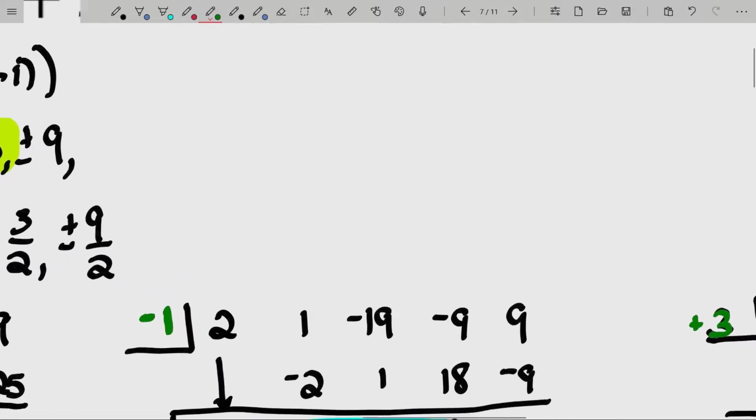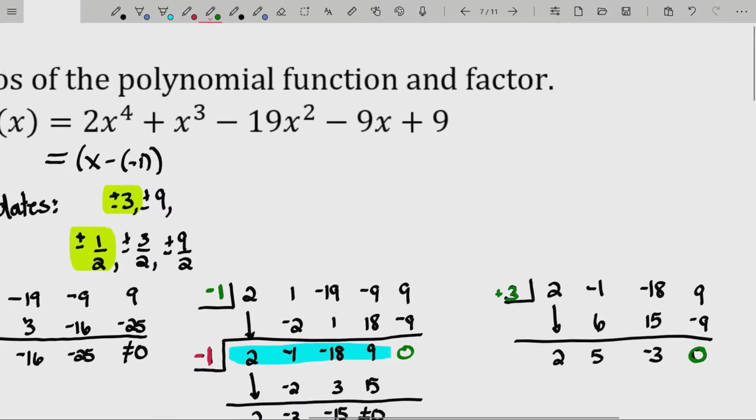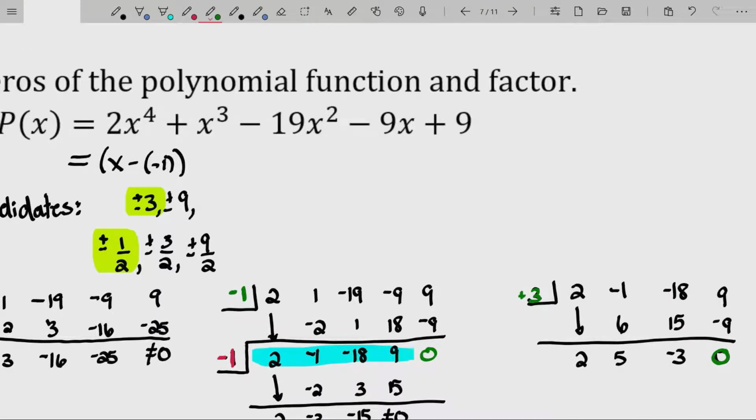into, again, let me just zoom out actually. We found that positive 3 is one of the other zeros, so x minus that positive 3 must be a factor. And we're left with a 2x squared plus 5x minus 3. Now that I'm not going to bother using synthetic division on, because I can actually just factor that using old school factoring techniques.